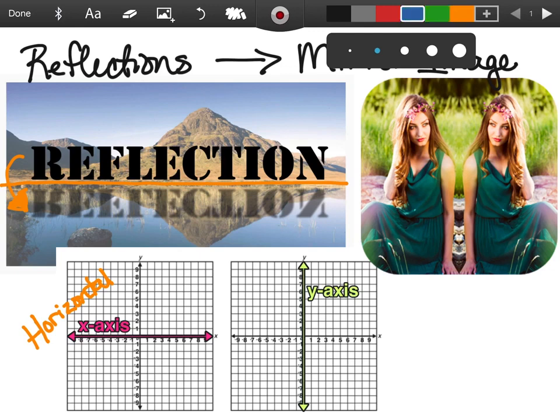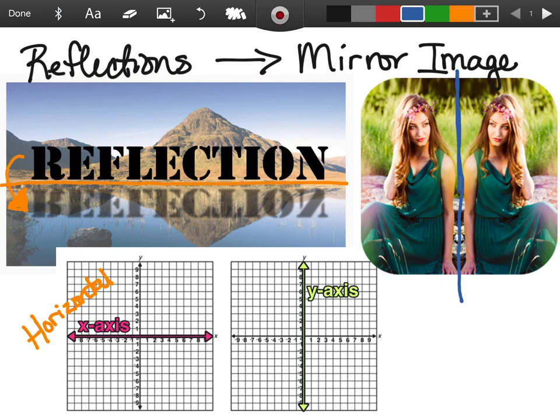This one on the right with the two girls is another line of reflection, but this time it is vertical. And I know a vertical line of reflection happens because my y-axis is vertical.